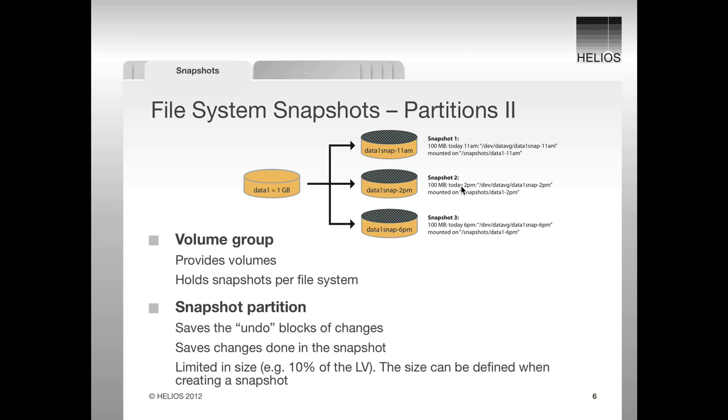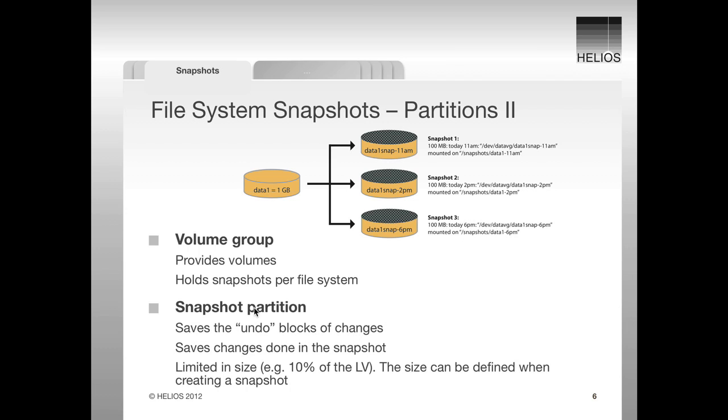So there is a volume group. We work with a system called LVM, Logical Volume Manager, and these volume groups provide storage. Usually the volume group provides the data partition or multiple data partitions, and you can create snapshots of each data partition. In the LVM context, they are called logical volumes.